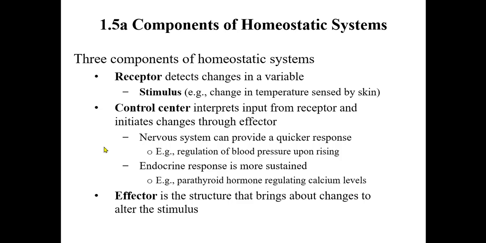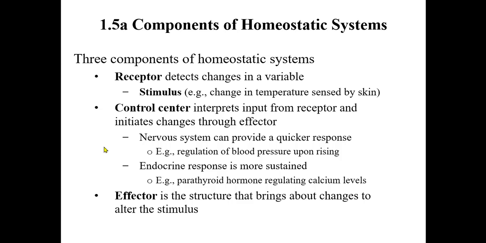Now, one of the themes that you should learn in A&P 1, which very much carries over to A&P 2, is that your nervous system is your electrical system. The endocrine system is your hormone or chemical system. So Nimish, what is the big mantra for A&P 1 and definitely for A&P 2?